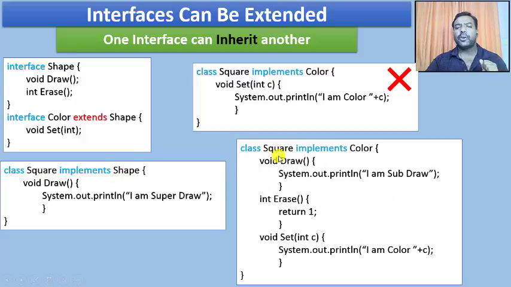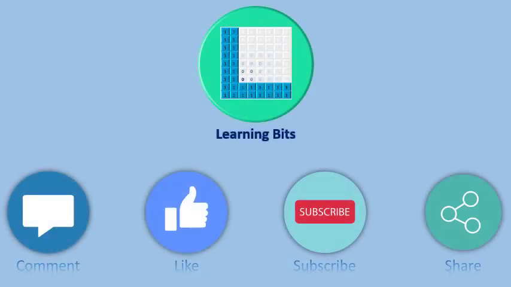So now we have the same square I have been implementing. Define the body of draw, define the body of erase, define the body of set. It is a complete set now, and so I have implemented it completely. This is how the interface can be extended, or the interface can be used with the inheritance concept. And this is all for this session. Thank you.